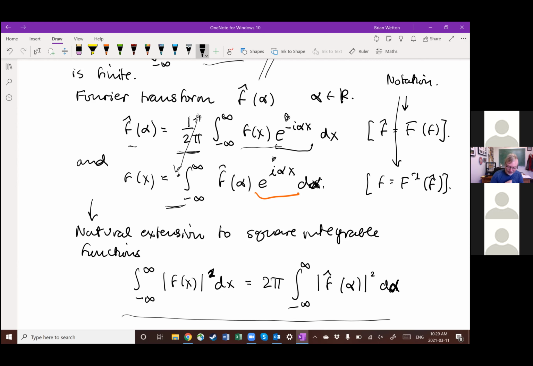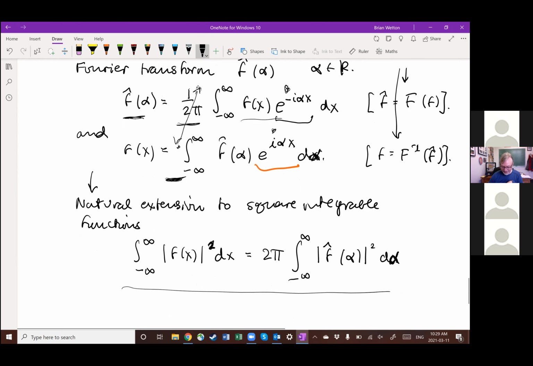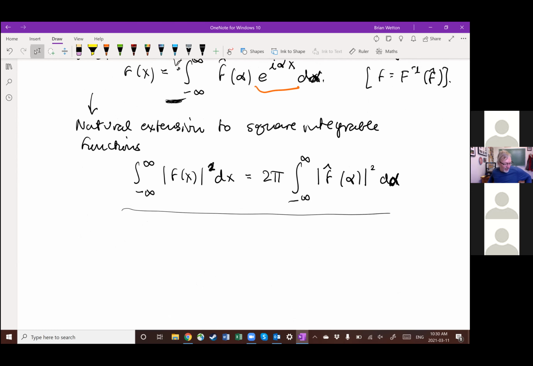Your f hat might be the conjugate of my f hat, or it might be a multiple of it that's taken into account when you do the inverse transform. But this is fine, there are some constants you have to worry about. Okay, so let's look at some of the properties of this thing.